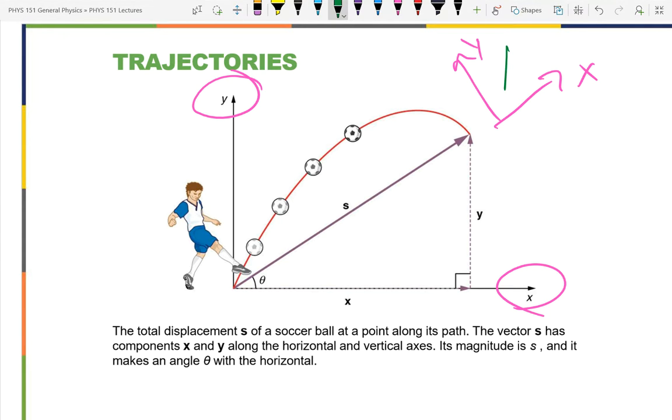The acceleration is down. And so if you chose the xy I showed here, you would have to break that into its components, one component parallel to y, one component parallel to x, and you'd have acceleration in both the x and y directions. Well, that makes life harder. We don't aim to make life harder, we aim to make life easier.